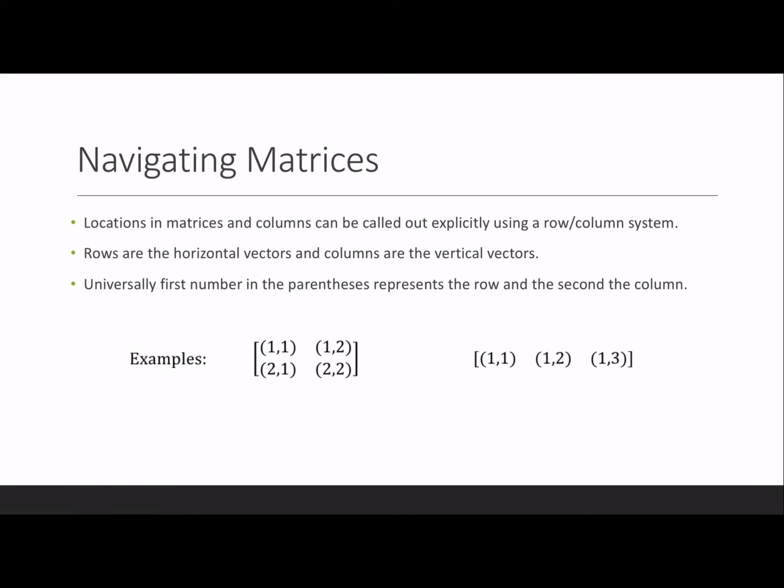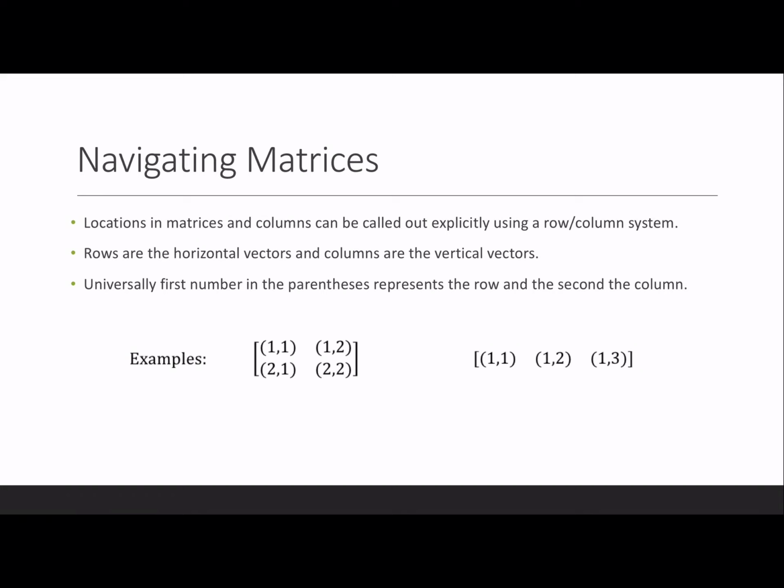In the example on the left, the first datum in the upper left-hand corner is 1,1, for being in the first row, the row at the top, and the first column, the column on the left. The datum below it is 2,1, because it is in the second row but still the first column. The bottom right of that example is 2,2, because it is in the second row from the top and the second column from the left.